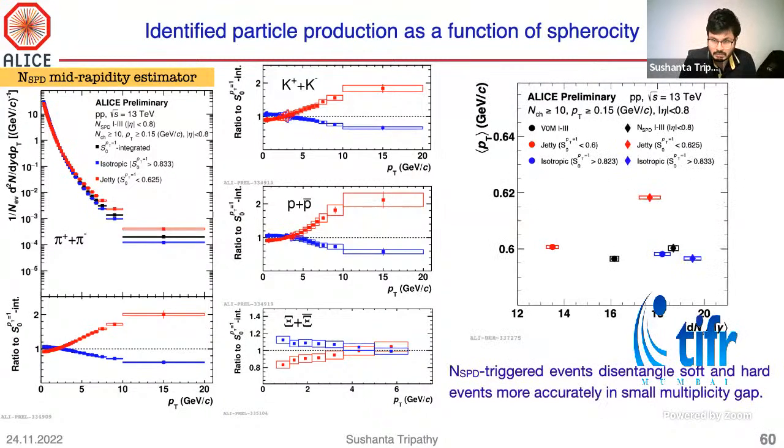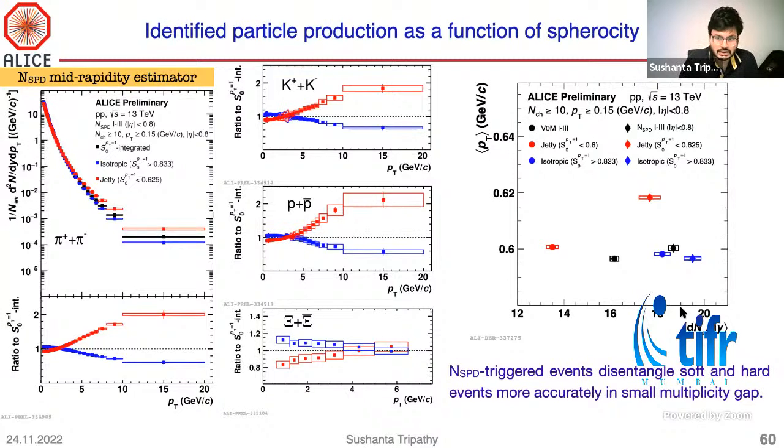Summarizing, if you look at mean pT, mean pT basically gives the information about the slope of the pT spectra. When you look at mean pT as a function of the integrated yield of pions, we see that the mid-rapidity estimator does a better job of disentangling the soft and hard events more accurately, with a very small multiplicity.